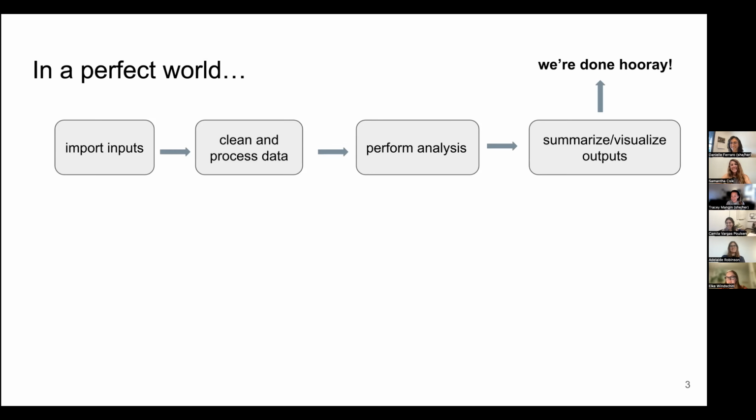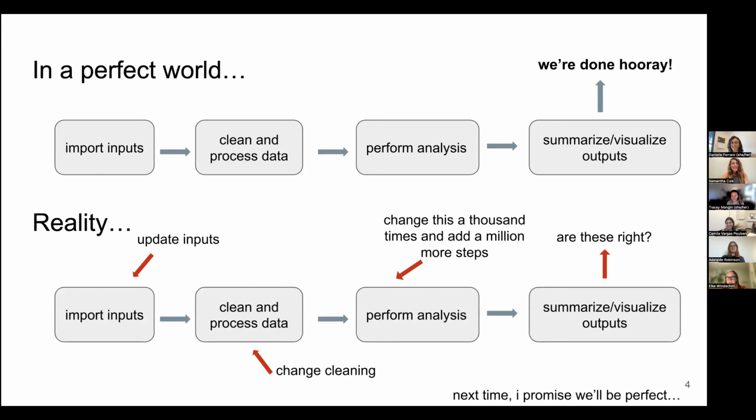My experience has been that it's a little bit more chaotic than that. We are updating our inputs all the time. And because our inputs are changing, we have to change how we clean, or we've made discoveries that we have to change how we're processing the data. And then we are performing the analysis, but we're changing it like 1,000 times and adding a million more steps, because that's what we do. And this whole thing's actually iterative, it's not linear.